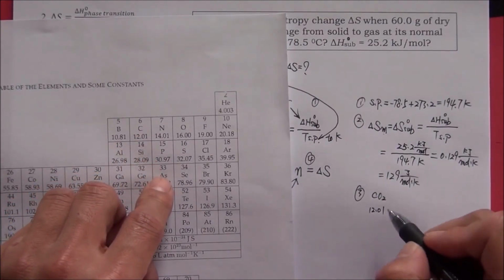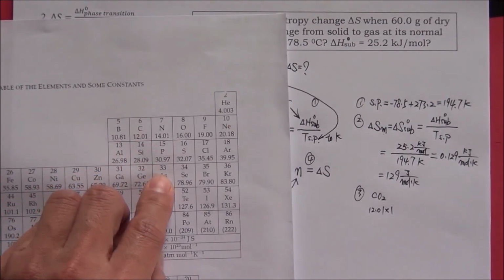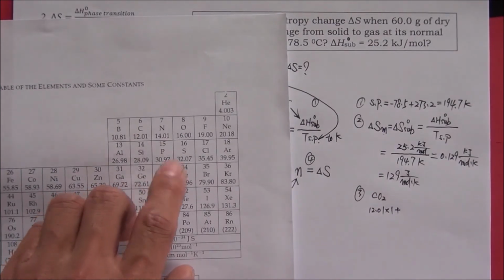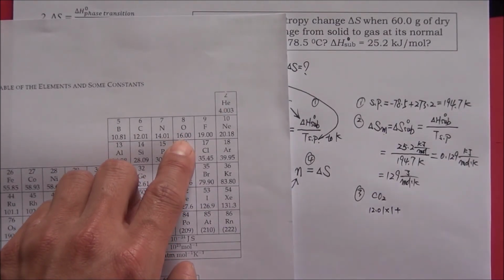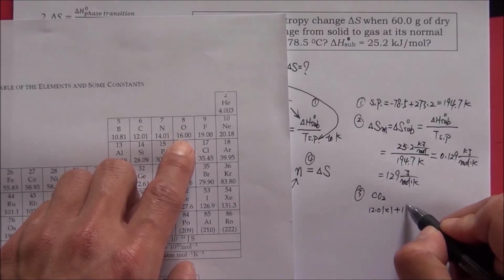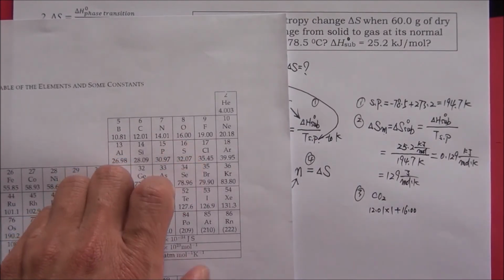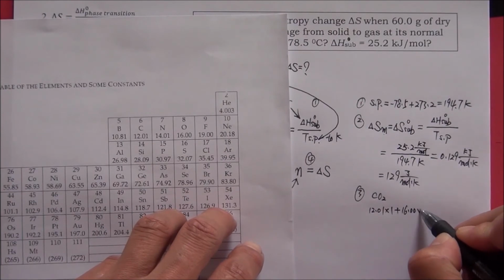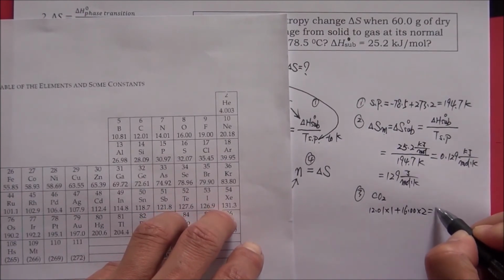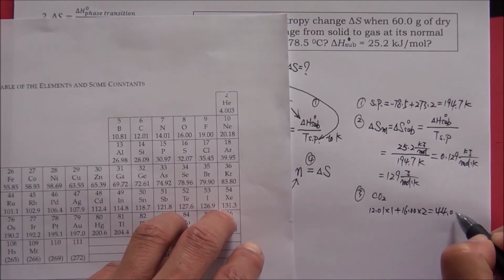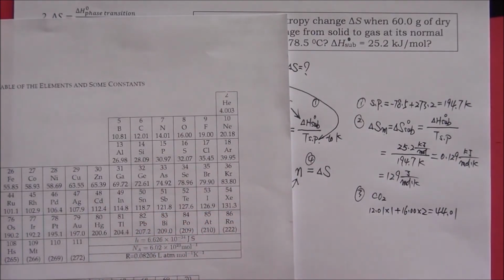You have 1 mole of carbon. And for the oxygen, the atomic mass is 16.00. We have 2 moles of oxygen in the molecule, so we multiply by 2. This is 44.01. The molar mass has the unit of gram per mole.